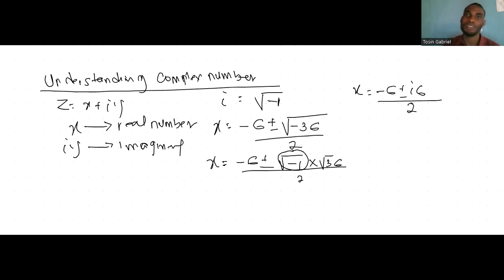In complex numbers, you can perform different kinds of operations: addition, subtraction, multiplication, and division.